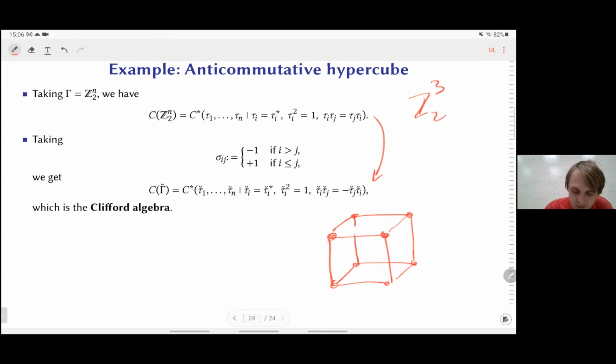If you do this cocycle twist, then you obtain the so-called Clifford algebra. So the Clifford algebra should somehow describe some sort of anti-commutative deformation of those hypercube graphs. Okay, so that's it.